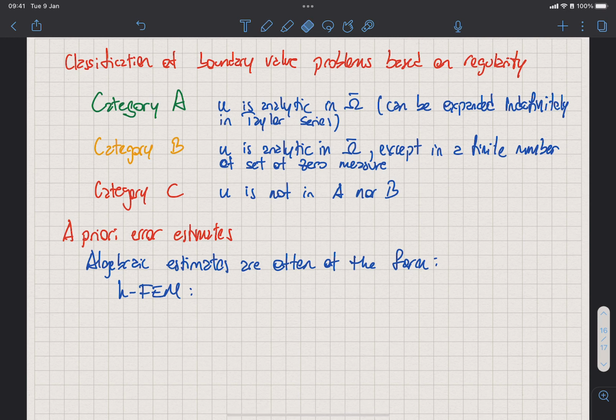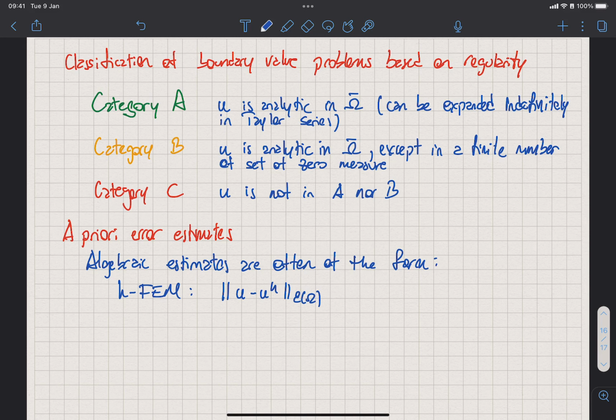Remember that we defined at some point the norm in the energy space. I'm going to write it like this, the energy norm of the error. Inside I have u, which is the exact solution, and u_h, the approximate solution returned by the finite element method.